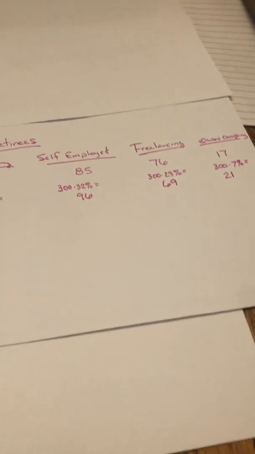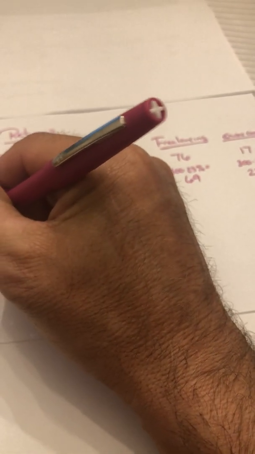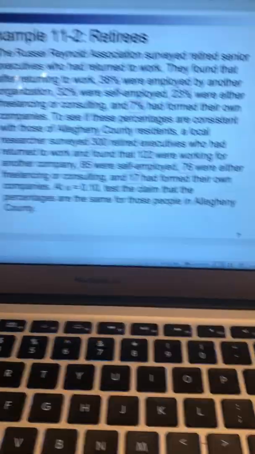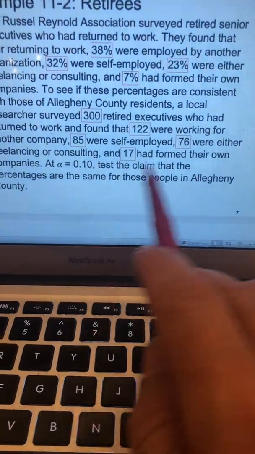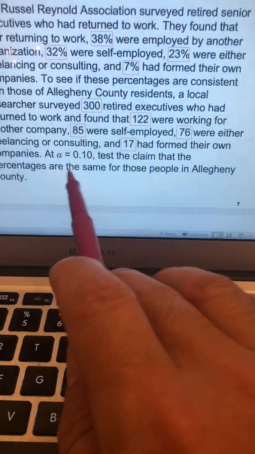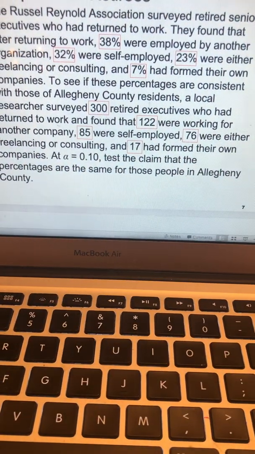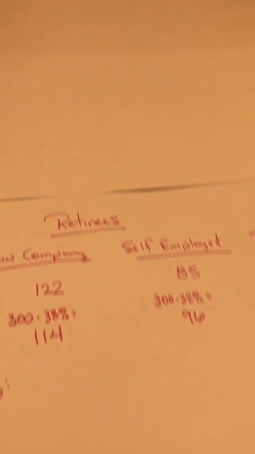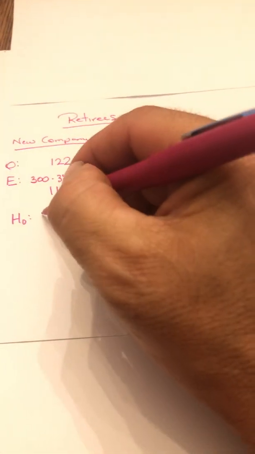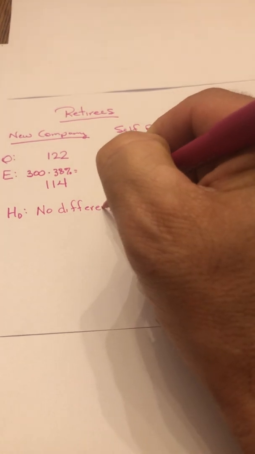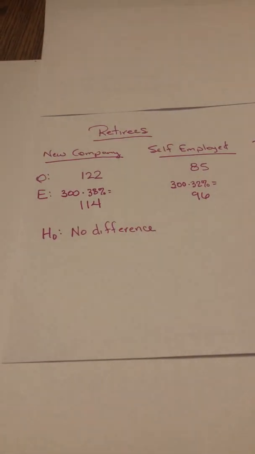All right, the next step in the process, or the first step in the process, is to state our hypotheses. So the question here was, test the claim that the percentages are the same as those in Allegheny County. So I'm simply going to say that there is no difference, meaning they're the same.